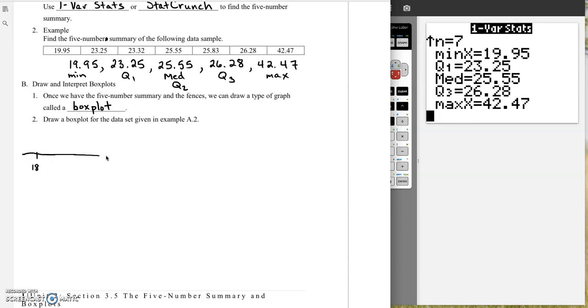So let's see. 18, 20, 22, 24, 26, 28, 30, 32, 34, 36, 38, 40, 42, 44.